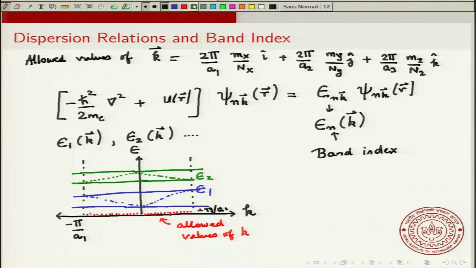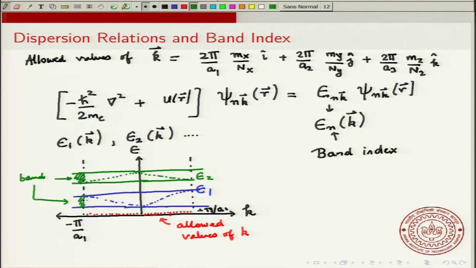Now what you see is that this set of states are closely spaced, and this is called a band. This is also a band. So there's a band of energies. You say that this whole range of energies is what is called a band of energies, and this comes because your wave function as a function of k has this kind of behavior.